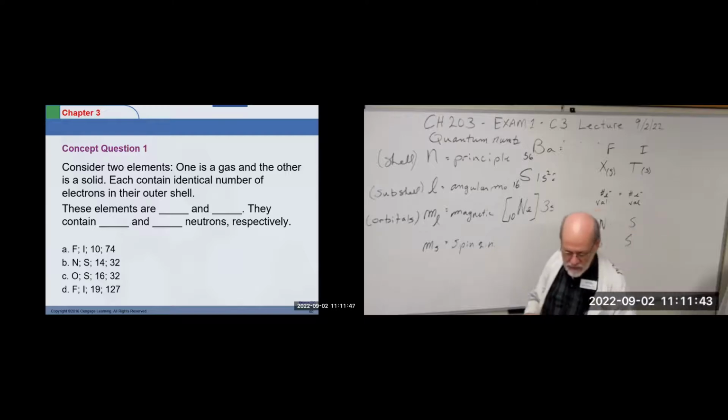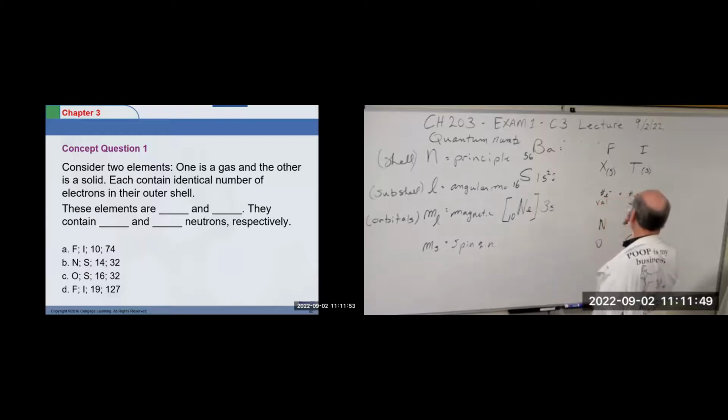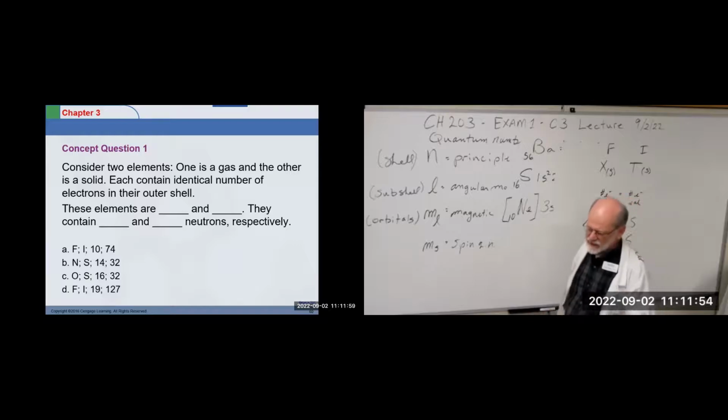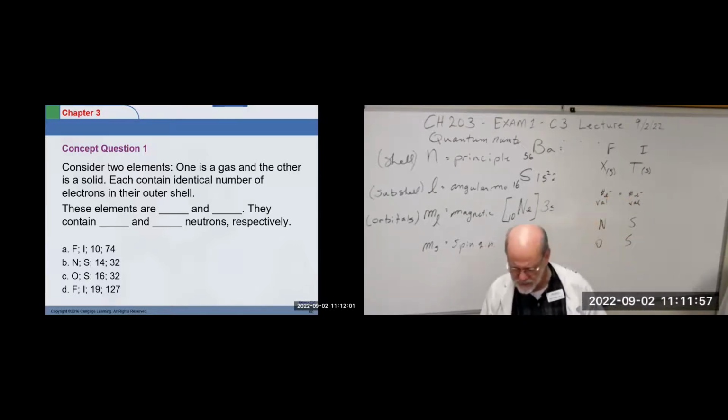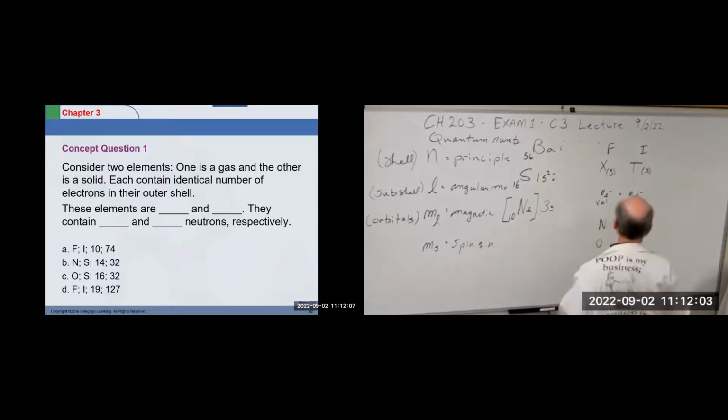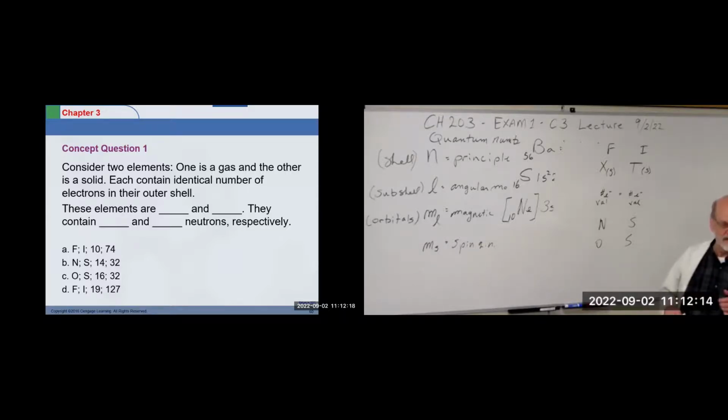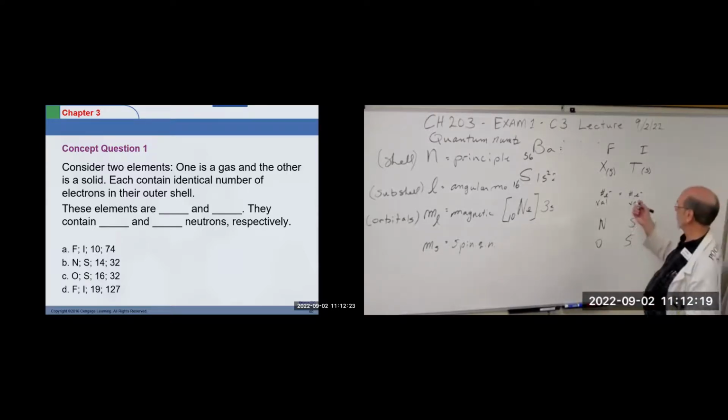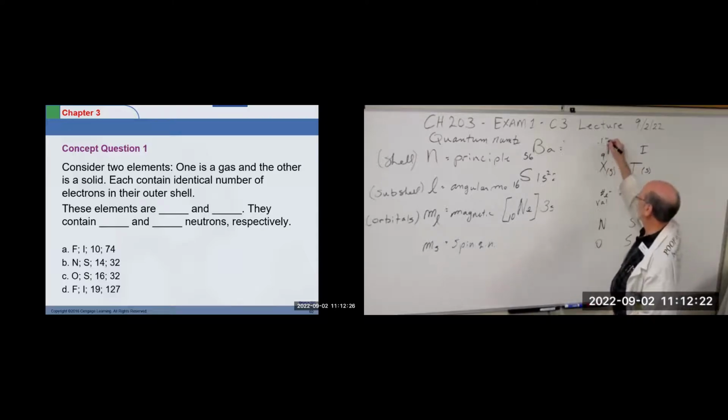Okay, so let's go to how many neutrons respectively. That's a little tricky because they don't tell us what the isotope is, so we sort of have to make an assumption. The most common for fluorine would be atomic number 9 and mass number 19, since the average is 18.9999.